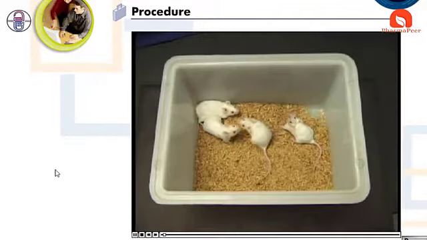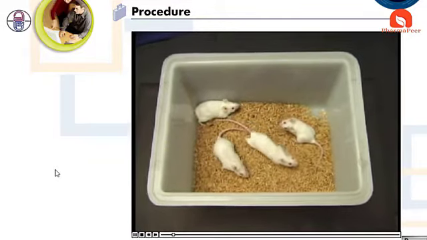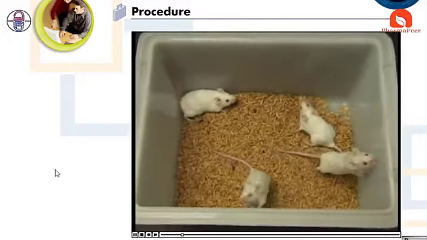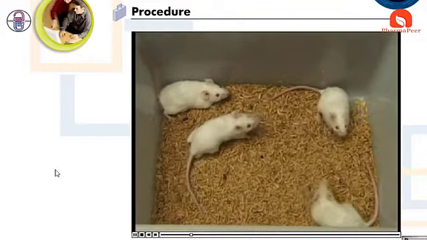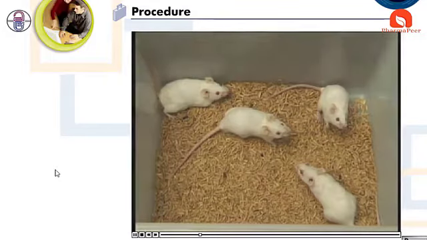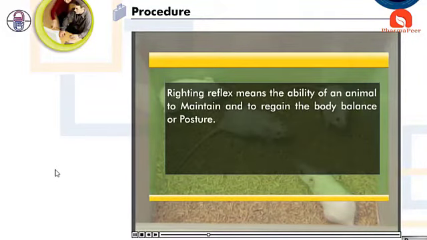To study the effect of sedative hypnotics in mice by the righting reflex method, select 3 adult healthy mice of either sex weighing not less than 20 gram. Righting reflex means the ability of an animal to maintain and to regain the body balance or posture.